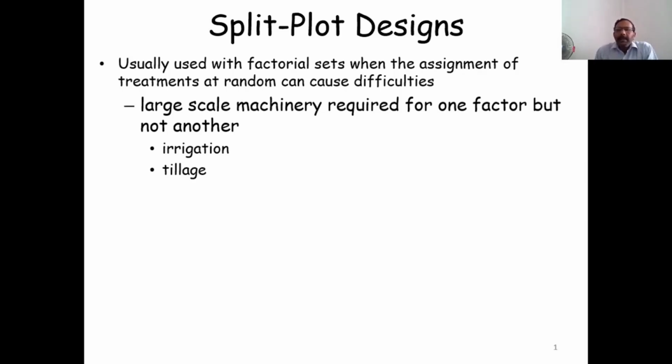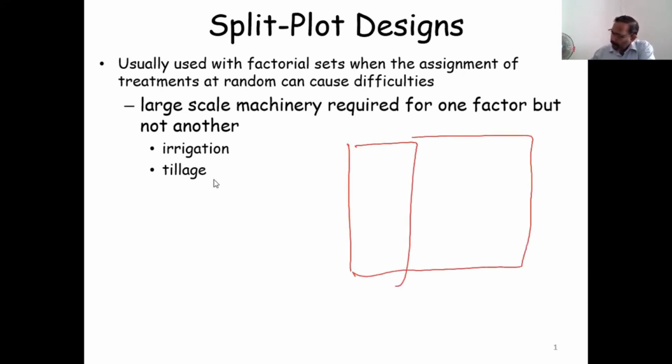Large scale machinery is required for one factor, but not for the other factor. So sometimes we spoke about two plot sizes. One is very big. We said this is the main plot. Then we divide this into smaller ones.